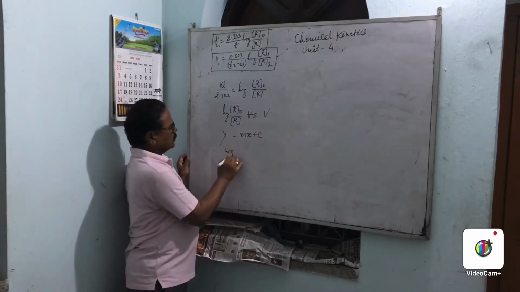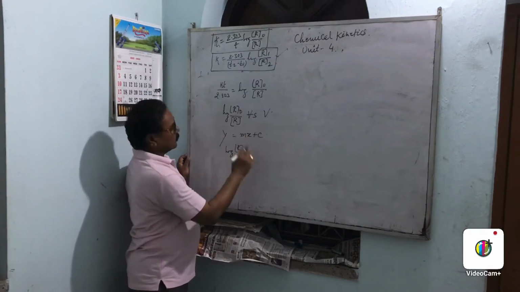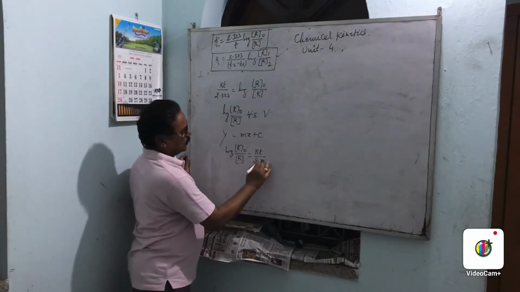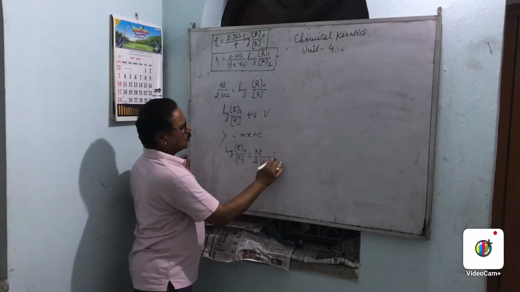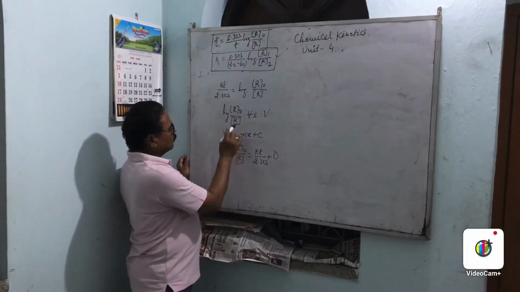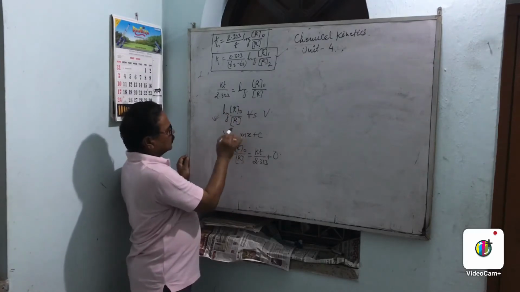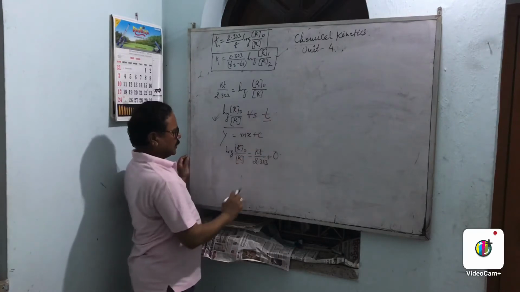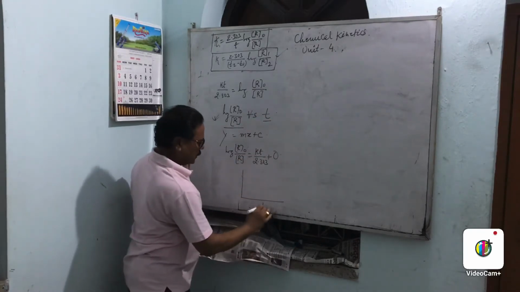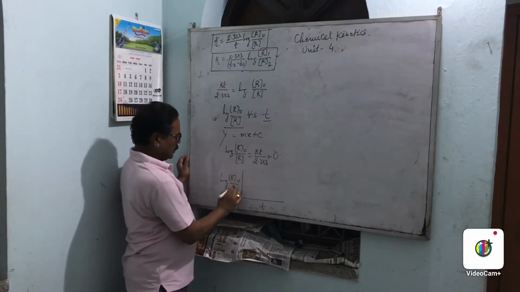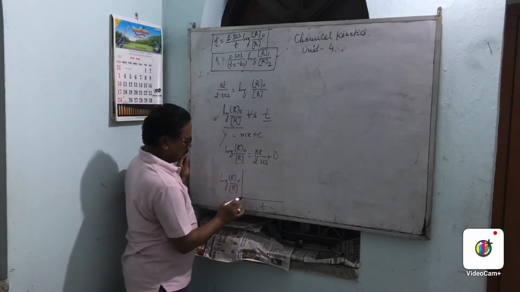So log R naught by R is equal to kt by 2.303, and here there is no intercept, so it will be 0. Our aim is to plot the graph between this function and time. So this graph is like this, log R naught by R versus time, and the curve will go like this.